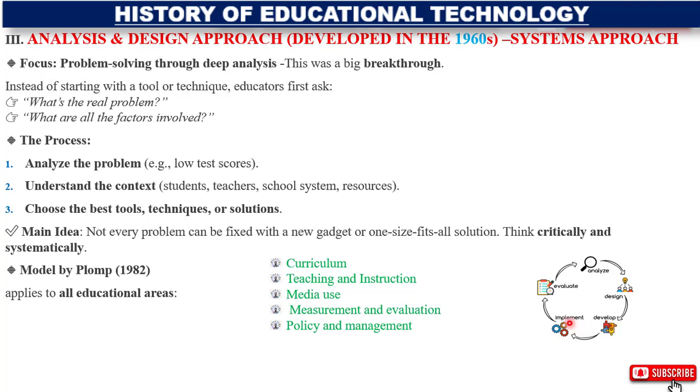The next is the implementation stage. This is where we implement a developed solution to actual use, whether in school's classroom or in teacher training. And the last stage is the evaluation stage. After trying out the solution, we collect feedback and measure how well the solution worked.